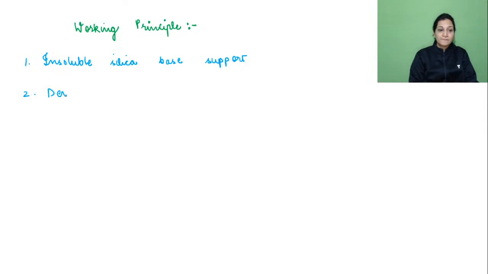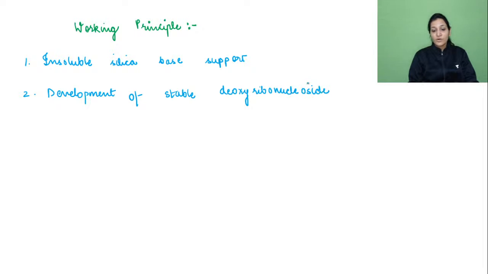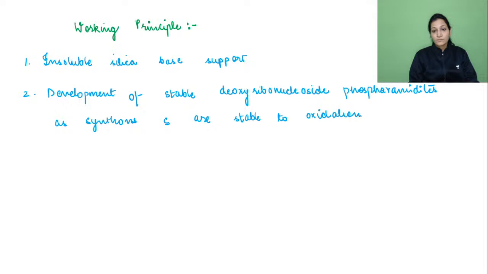So the second one is important: development of stable deoxyribonucleoside phosphoramidites as synthons which are stable to oxidation and hydrolysis and ideal for DNA synthesis.